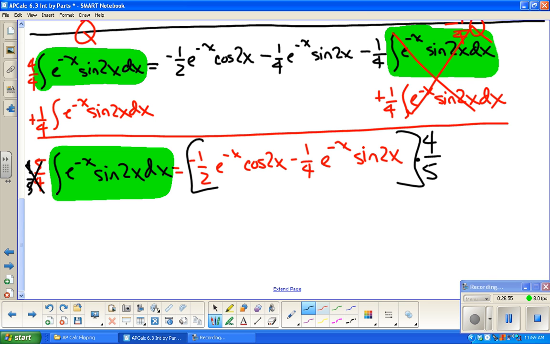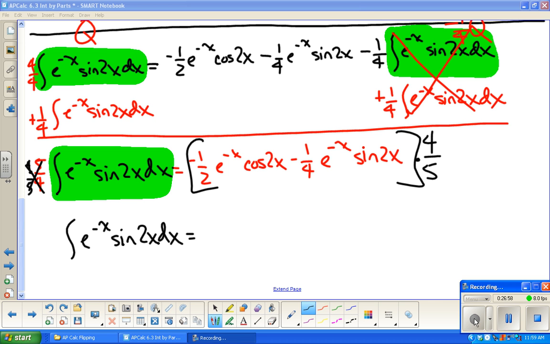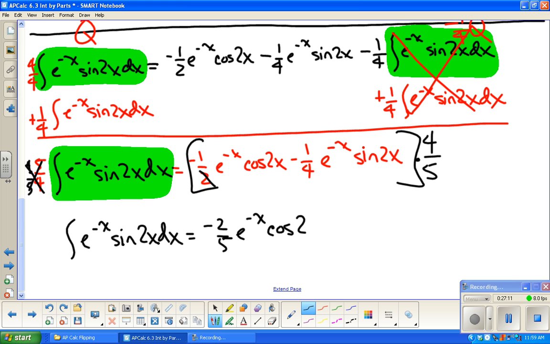and I'm done. Okay, so let me just rewrite. Okay, so as I'm distributing 4/5 here, I have some fractions to reduce. So like the 2 and that, so this becomes negative 2/5. Okay, and just kind of stare at it for a bit. Here the 4's divide out, leaving just a minus 1/5.